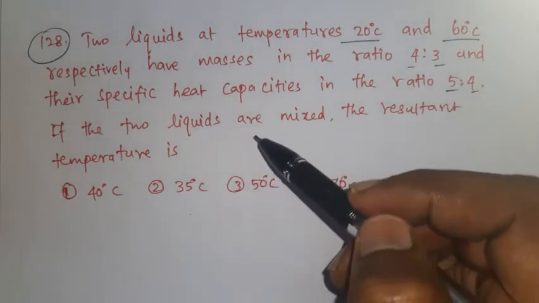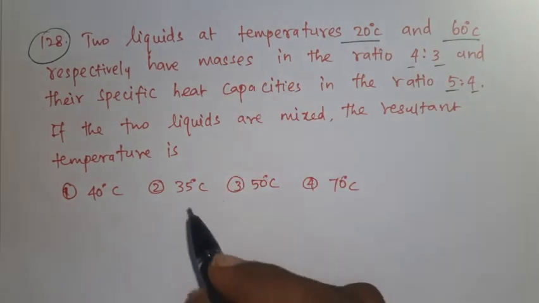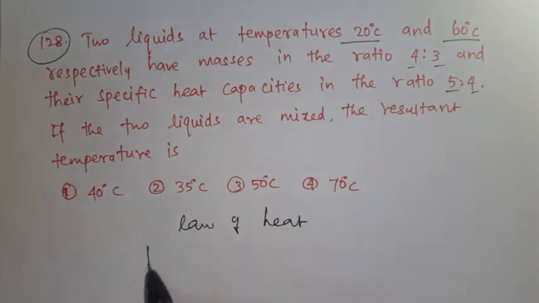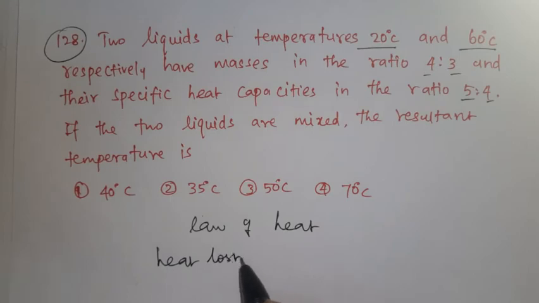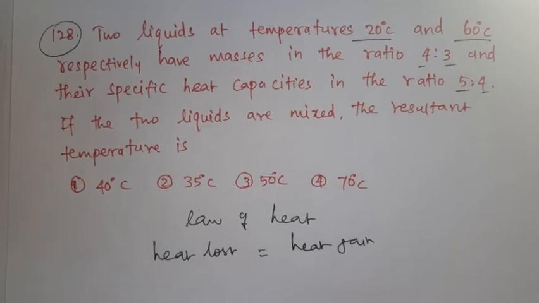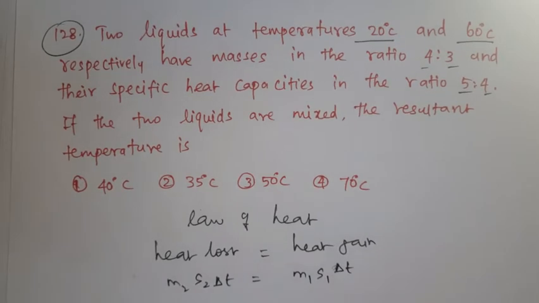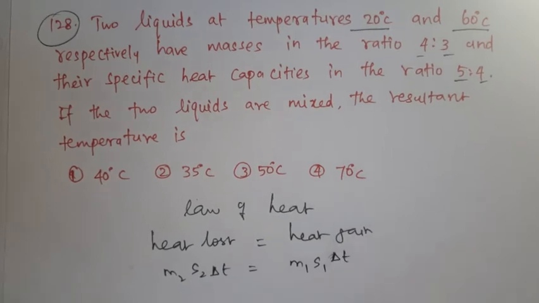We have to use the law of heat. So according to the law of heat, heat loss is equal to heat gain. So heat loss by hot body, heat gain by cold body. Heat loss by hot body, you can take M2 S2 del T. Heat gain by cold body, you can take M1 S1 del T. So cold body is only going to gain the heat.